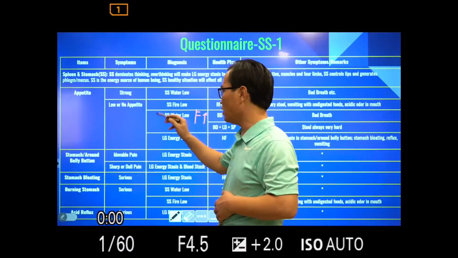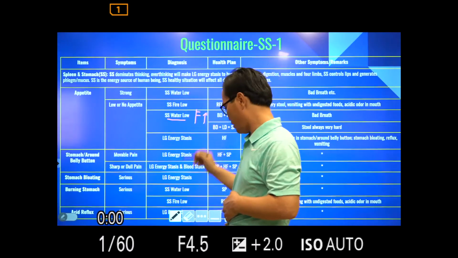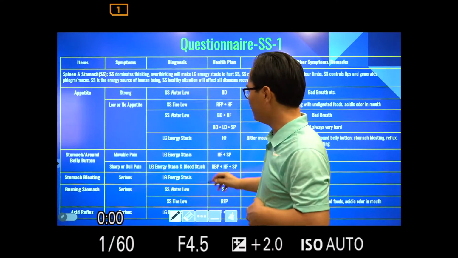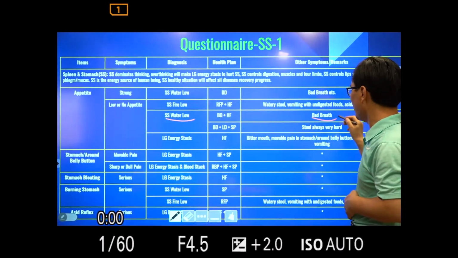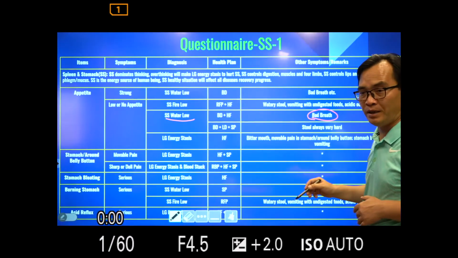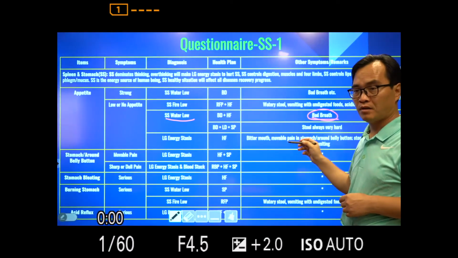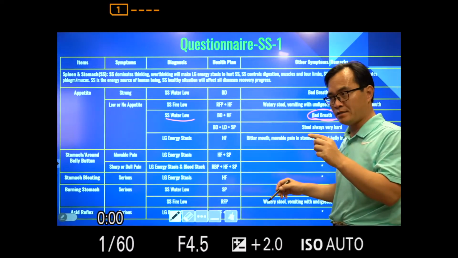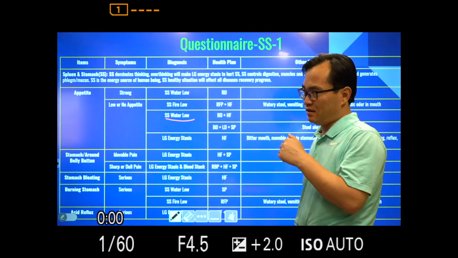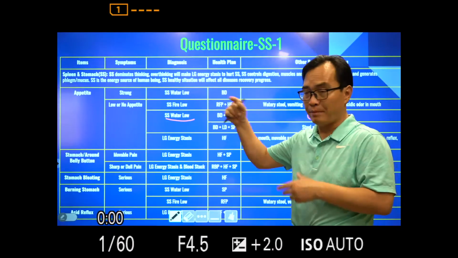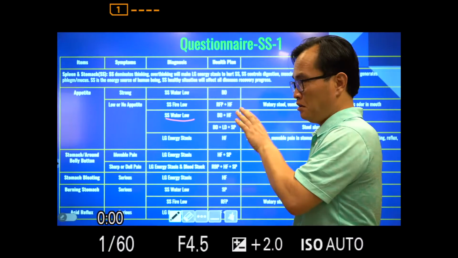But if the low or no appetite comes from low excess water energy and high fire toxin, it has to be combined with symptoms for confirmation, like bad breath. The bad breath is the kind where, when people talk, you can smell the bad smell even from a far distance.